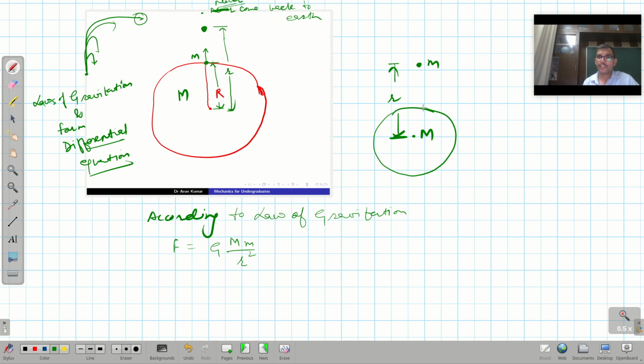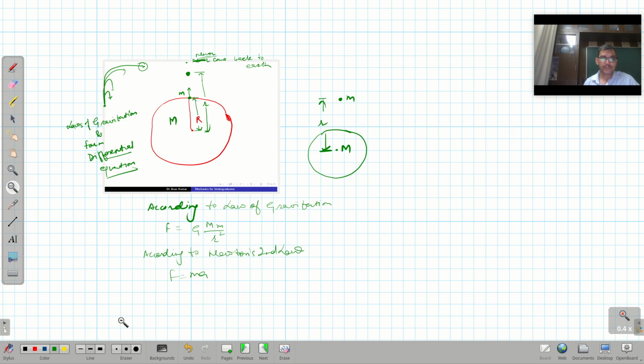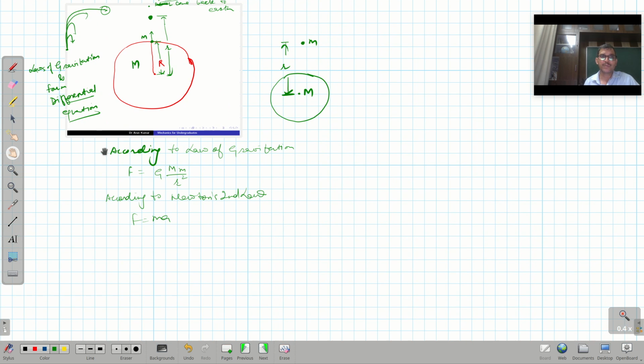So when it is thrown upward, then it gets deaccelerated. Then according to Newton's second law, net force is mass and acceleration. So these two forces must balance each other.